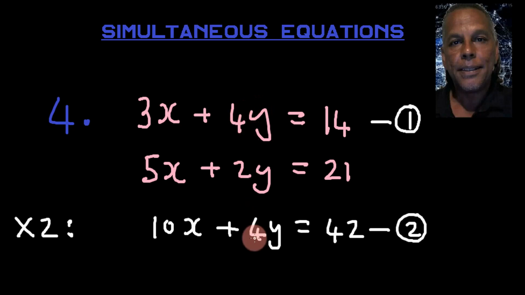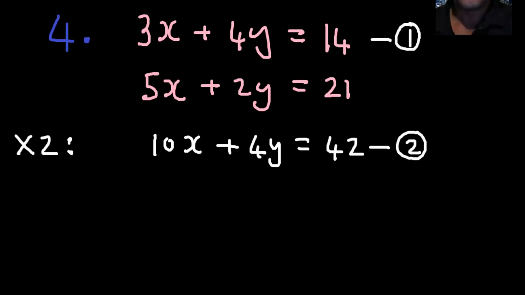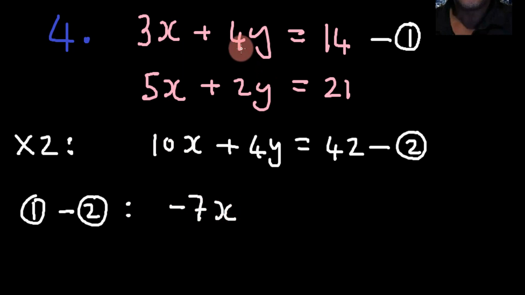Since the coefficients of the y's are the same, the y's will cancel when we subtract these equations. So then equation 1 minus equation 2: 3x minus 10x is negative 7x. 4y minus 4y, of course, is 0. Then on the right-hand side, 14 minus 42 is negative 28.